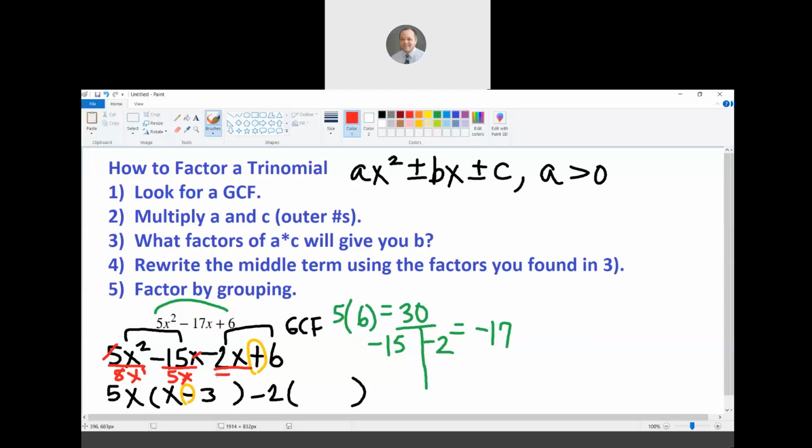And don't forget, when you pull out a negative GCF, the sign for each term will change to its opposite. So a negative 2x divided by negative 2 is just x. And a positive 6 divided by negative 2 is a negative 3.